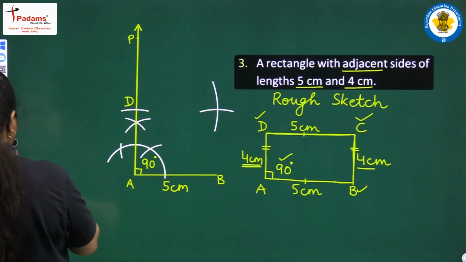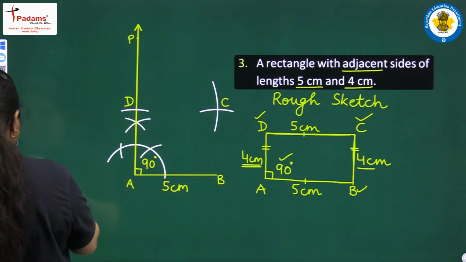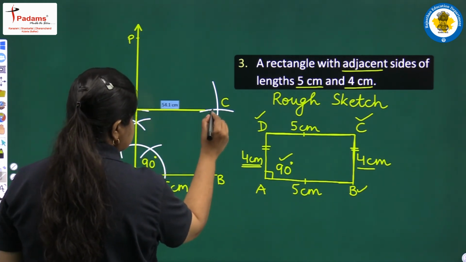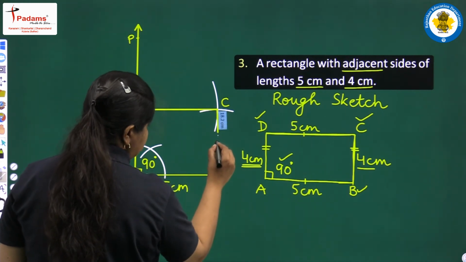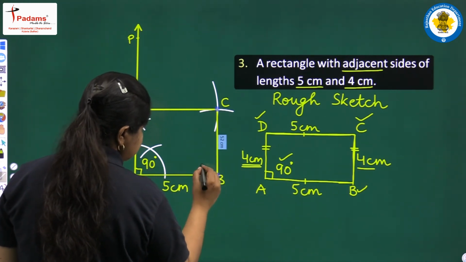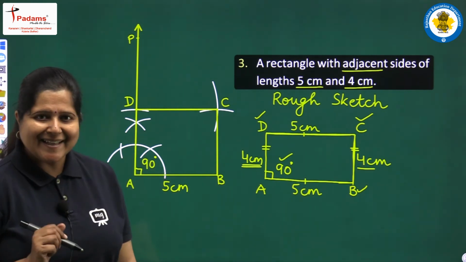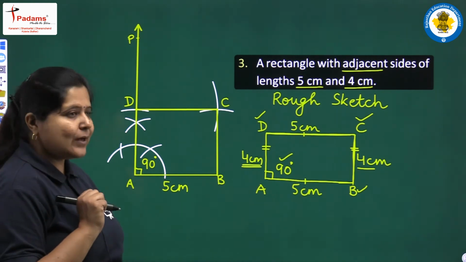Now we get the point of intersection, which can be named as point C, and now simply need to join these points DC and then CB. With this our rectangle is complete.